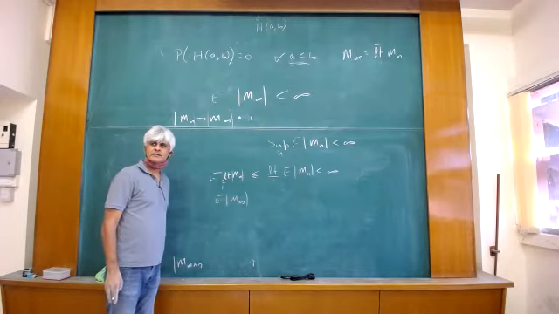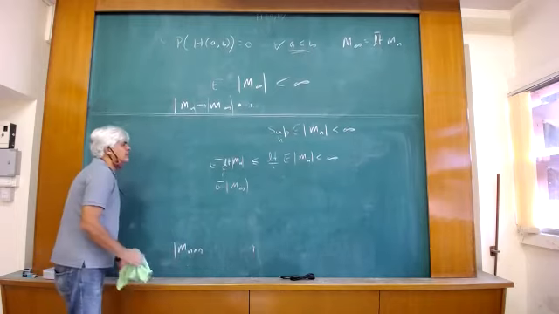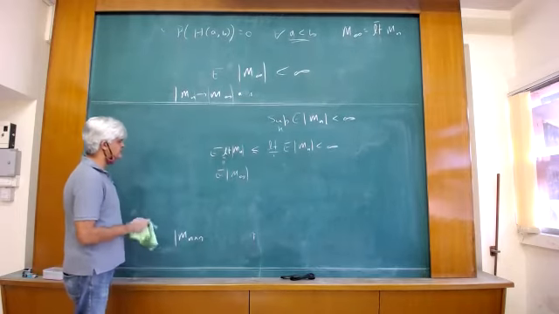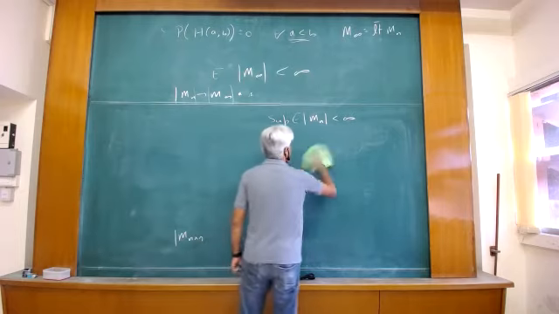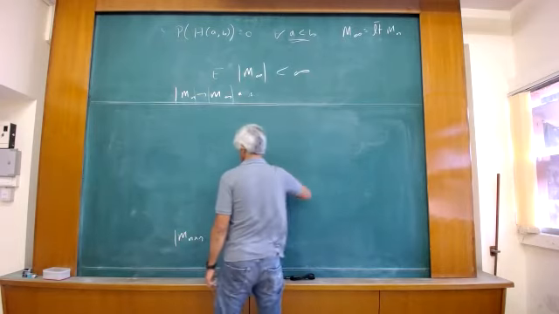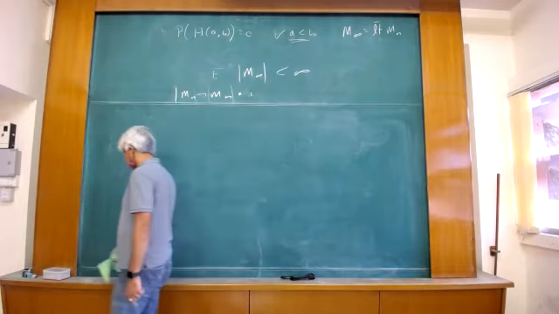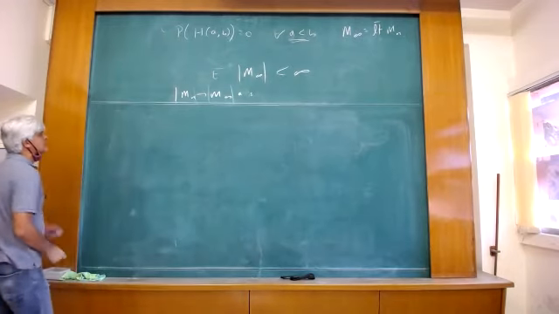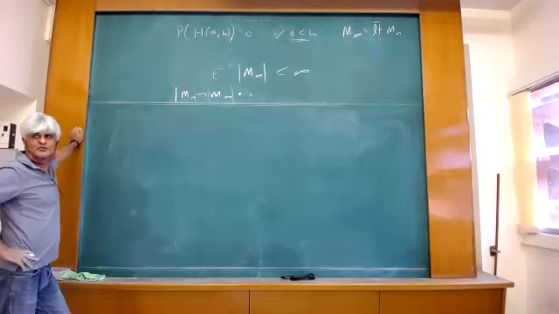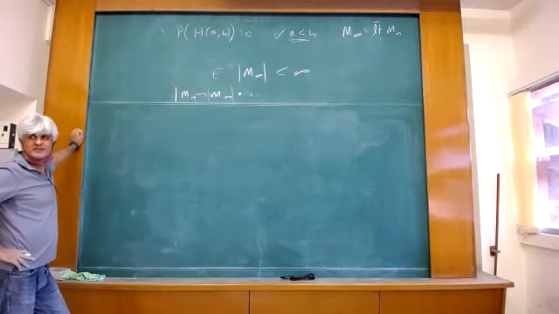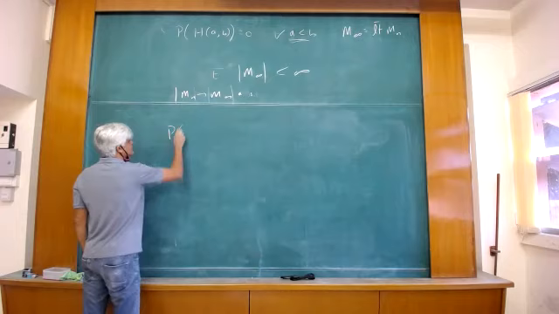Fatou's lemma. So all we need to show is the probability of H_AB is equal to 0. Everything else is just falling in our laps.